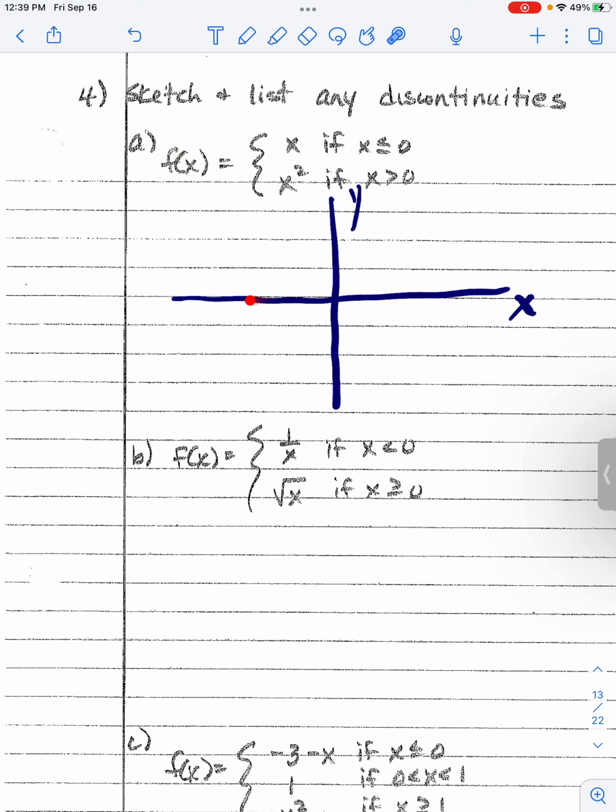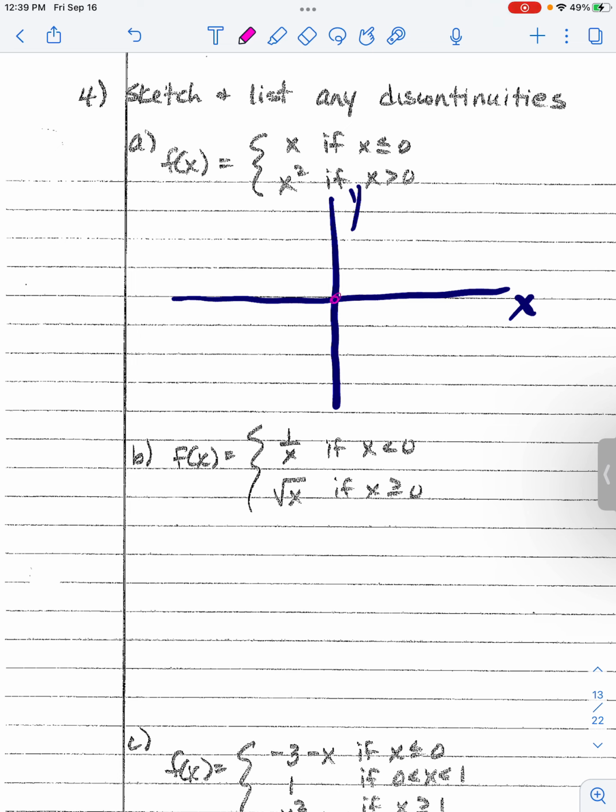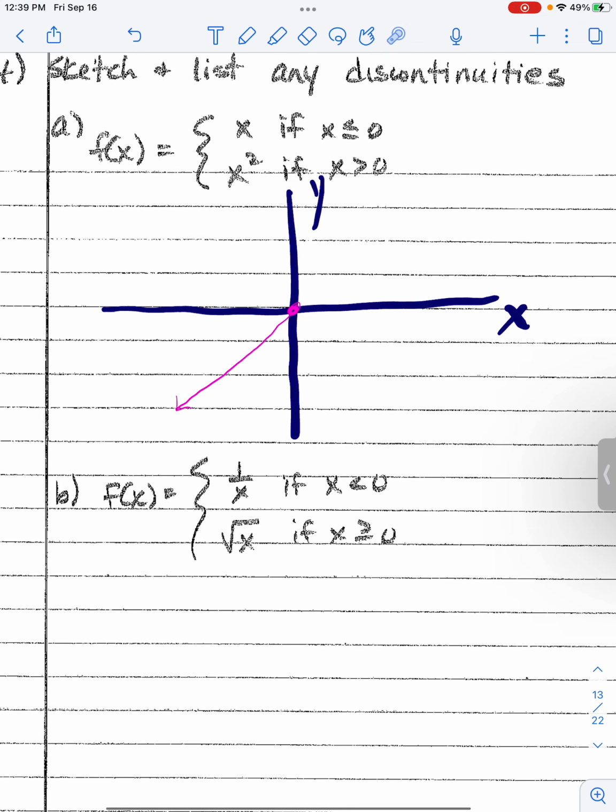So if we're to the left of 0 or on 0, my function just looks like the identity function. If we're greater than 0, my function just looks like x squared. X squared like that, okay?